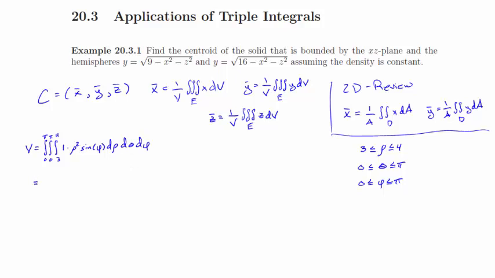So this then equals the integral from 0 to pi d phi times the integral from 0 to pi. Oh, I need to put the sine in there.